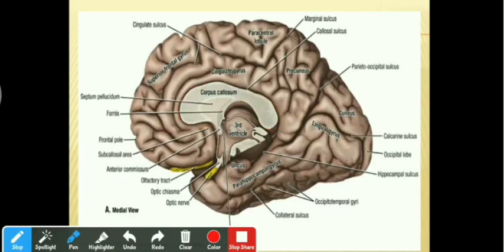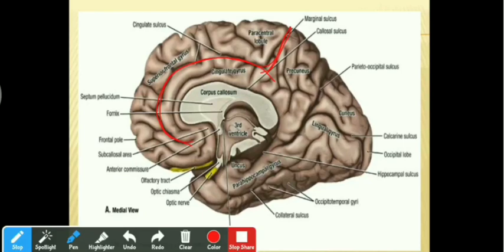We have already seen the parieto-occipital sulcus and the calcarine sulcus. This is the parieto-occipital sulcus, and this is the calcarine sulcus. Between these two structures, we see the cuneus. The cingulate sulcus lies 1 centimeter above the corpus callosum and ends at the supromedial border.